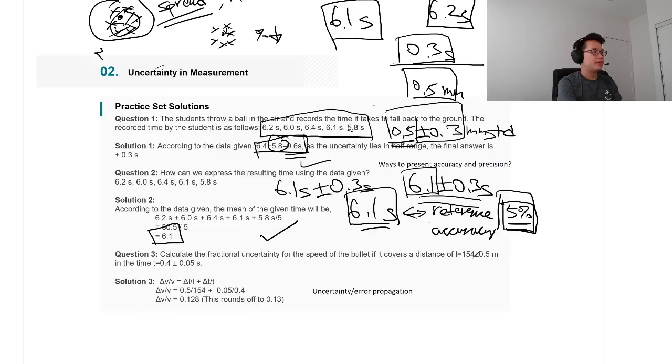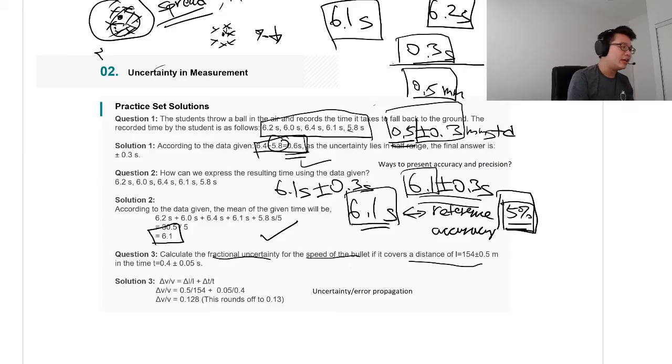Alright. Okay, so we can move on to question 3. Question 3 will be a little bit complicated. We have to calculate the fractional uncertainty for the speed of a bullet. It covers a distance of 155 plus and minus 0.5 meters.